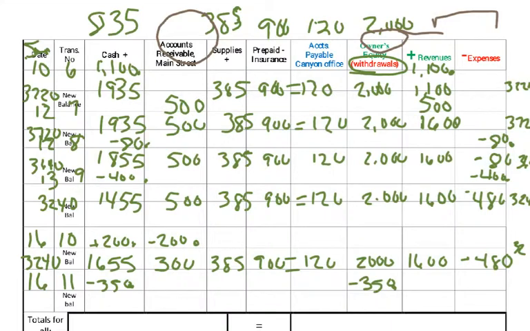So now he's going to want to know, okay, well I took my $350. And you can say, okay, now Mr. Delgado, you have $1,305 in cash. Main Street hasn't paid us yet. We still own these supplies. We still have the insurance. We still owe money here.